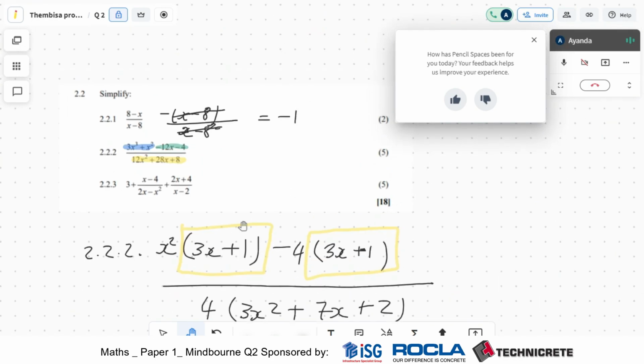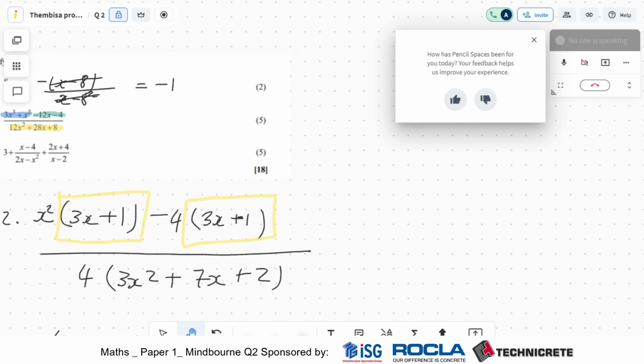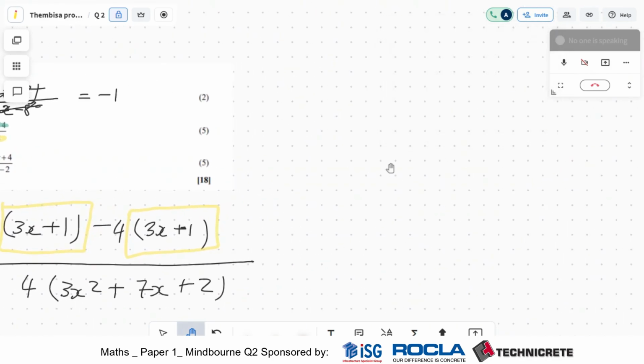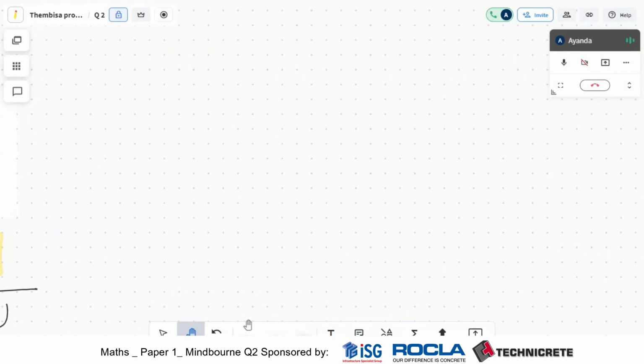Let's try 2.2.3. Here we have 3 plus x minus 4 divided by 2x minus x squared, plus 2x plus 4 divided by x minus 2. So let's just write that out on this side so we have a bit more space.